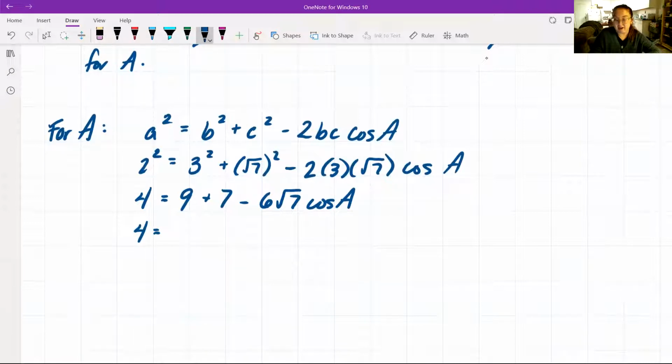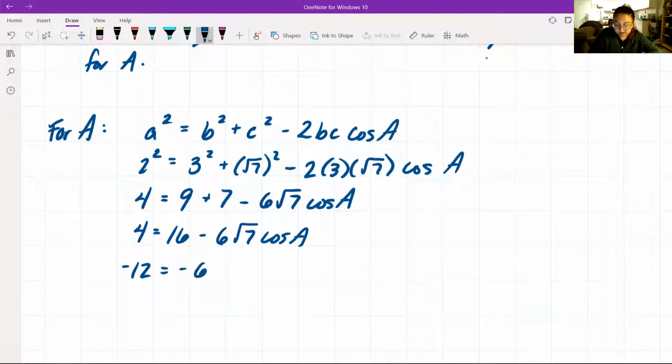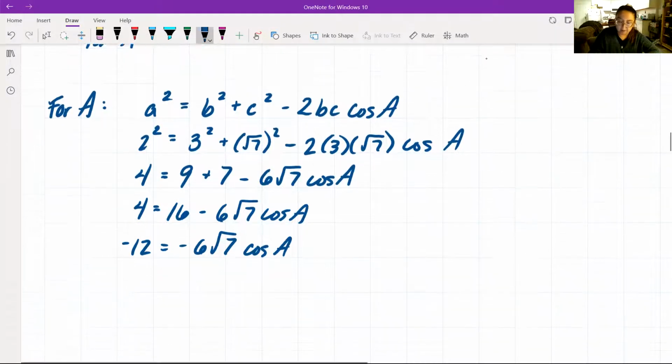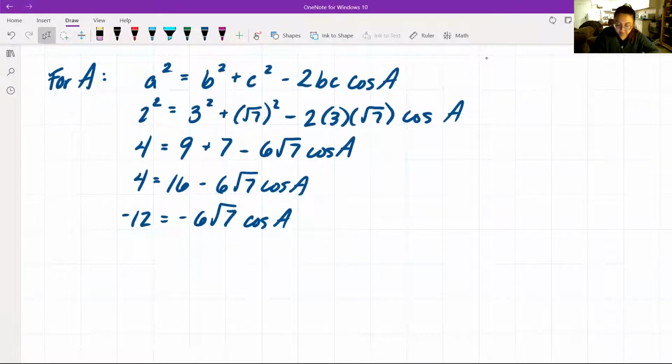So simplifying further, 9 plus 7 is going to be 16, minus 6 times the square root of 7 times cosine of A. Simplifying further, we subtract 16 from both sides. We get negative 12 is equal to negative 6 times the square root of 7 times cosine of A, which now if we went and solved for cosine of A, then that means that we're dividing negative 12 by negative 6 times square root of 7.